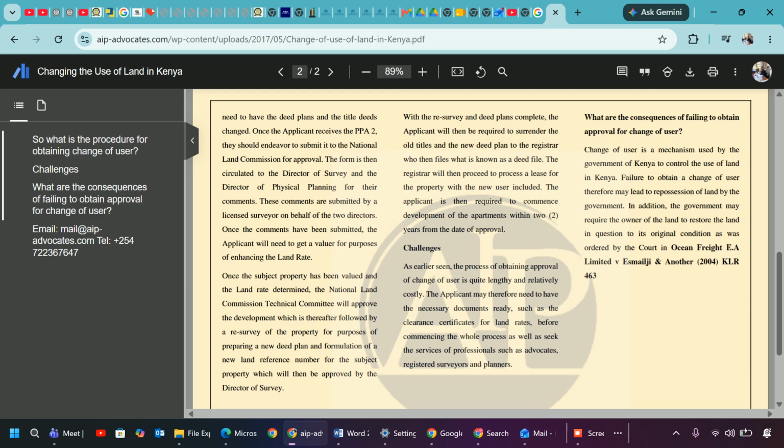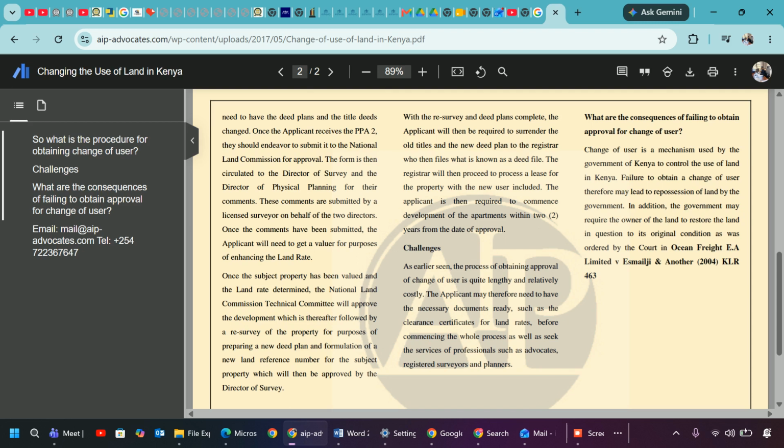So the National Land Commission Technical Committee plays a critical part in that they sit down after being given this file by the two licensed surveyors who submitted their comments to the two directors, Director of Survey and Director of Physical Planning, and those directors are under the National Land Commissioner.